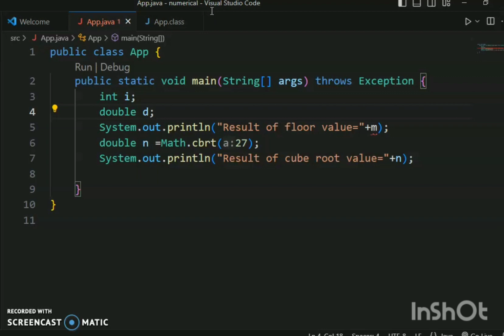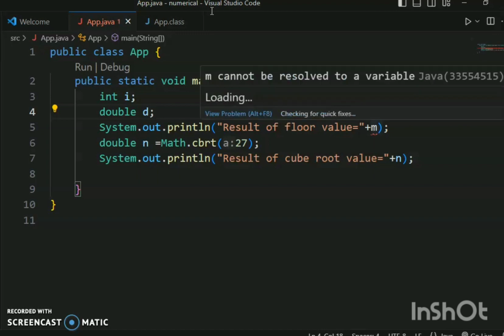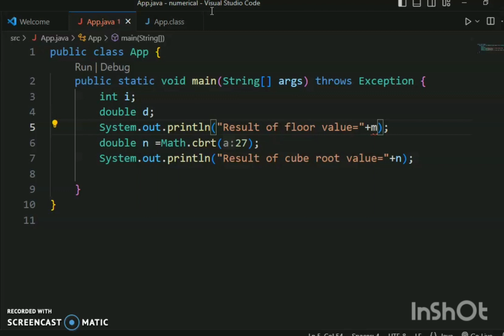So System.out.println, random numbers between, okay, between spelling is b-e-t-w-e-e-n, 0 and 1.